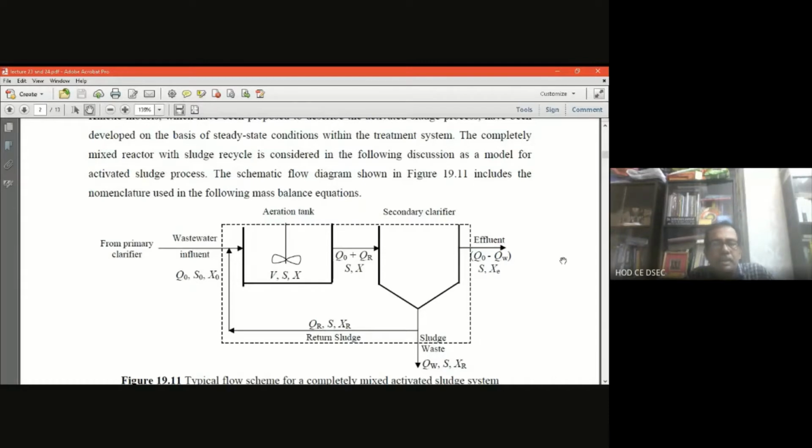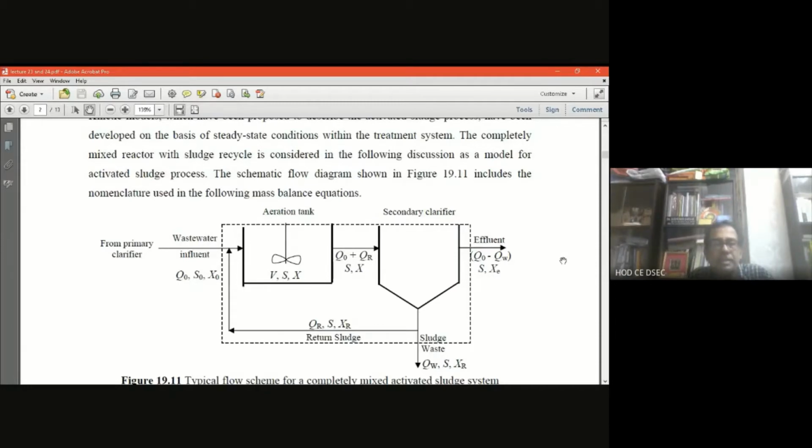Now you see the schematic diagram where the aeration tank is there, and the SST, that is the secondary sedimentation tank. I can say it is a secondary clarifier, because whatever biomass comes out with the effluent water from the tank is allowed to settle in the secondary clarifier, and the activated sludge portion is recirculated back to the tank.